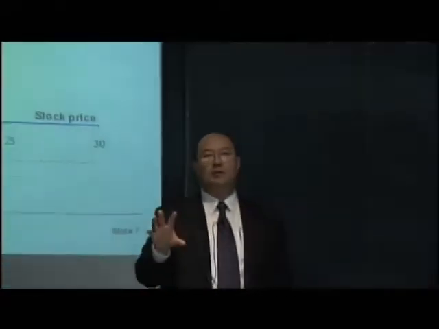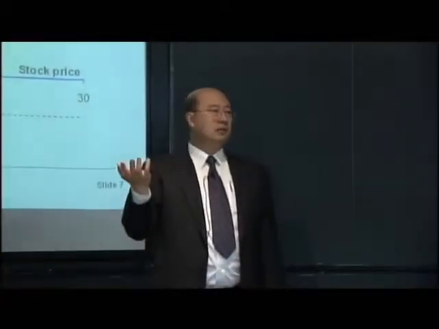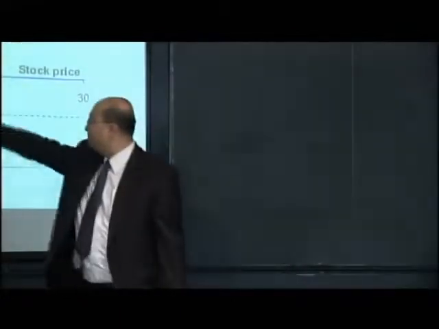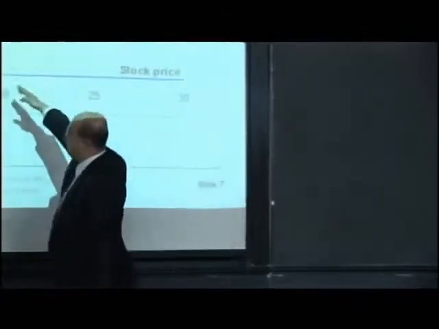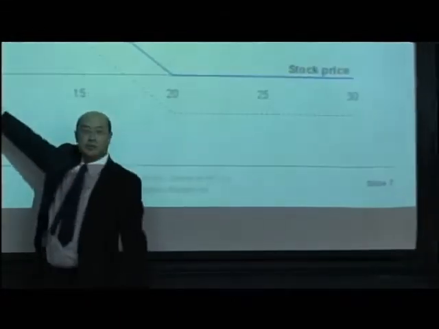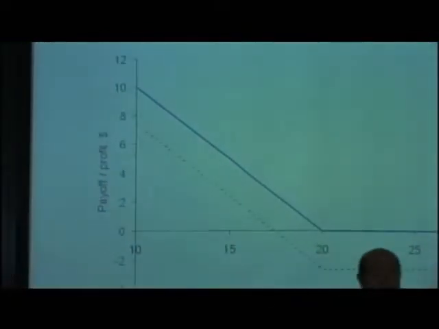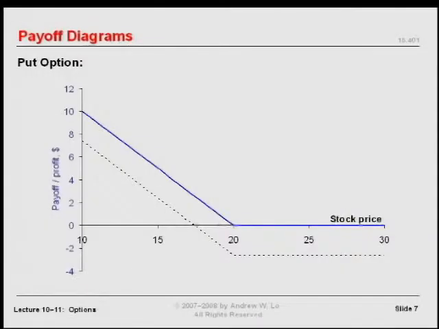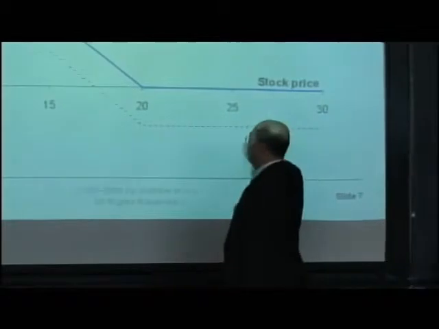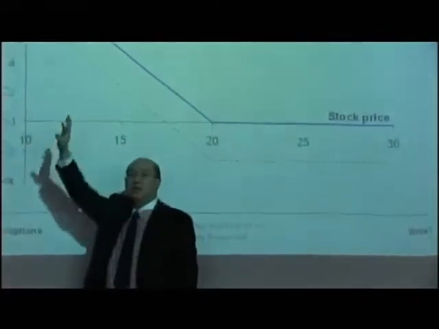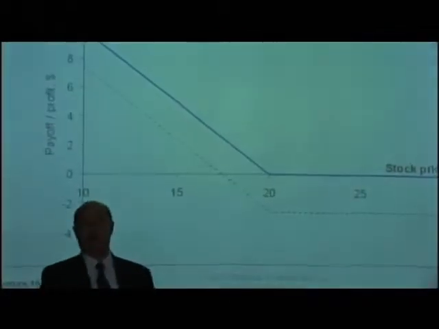Is limited to what? Right, well, or 0 or whatever that is, $10 in this case. If the stock price goes to 0, then my put option is worth a maximum of $10, right? So the upside is bounded by that $10 limit. And that's the gross upside. If I look at the net, I subtract how much I pay, and then I get the dotted line, okay? Any questions about the put option's payoff?